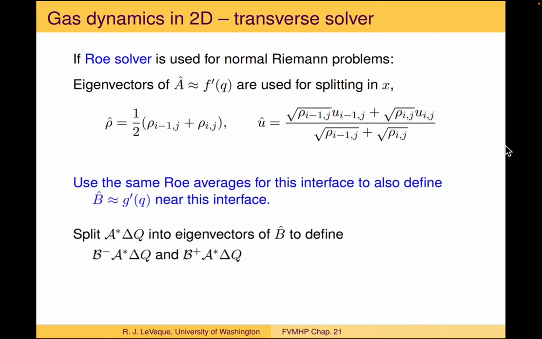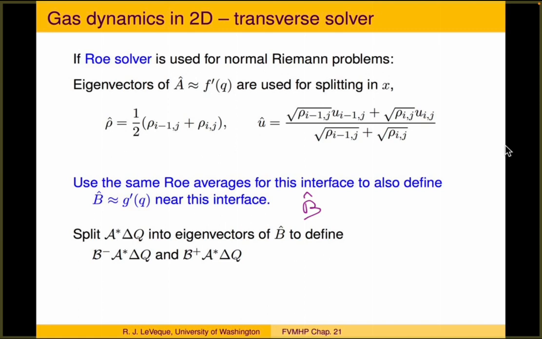Well, since we've got these averages, q hat, we can use them to also define an approximation to the Jacobian in the other direction. So in fact, we can just take b hat equal to the g prime Jacobian matrix evaluated exactly at the state q hat that we used in doing the normal Riemann solve.